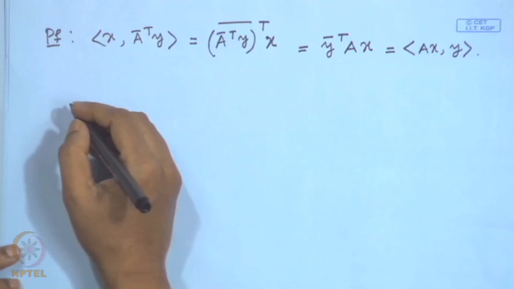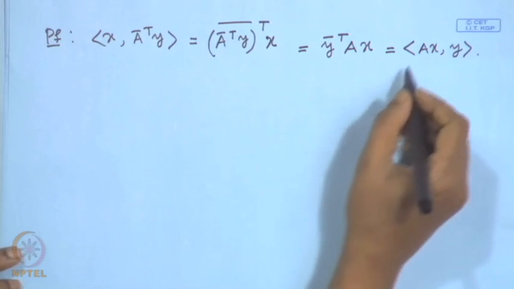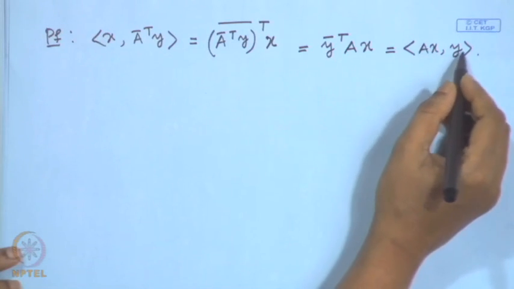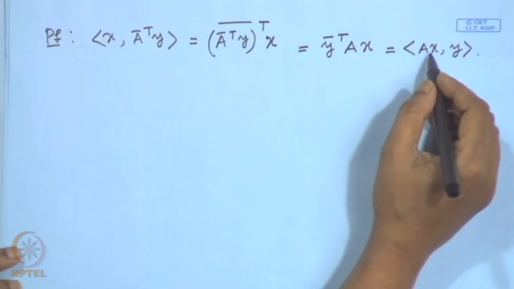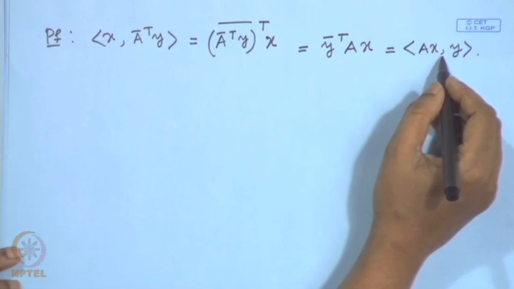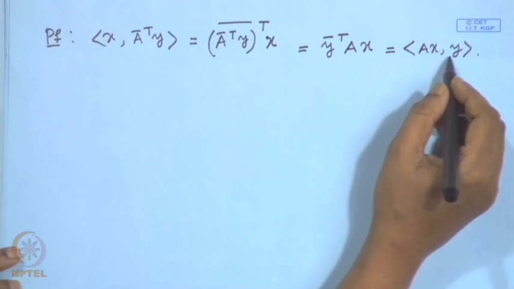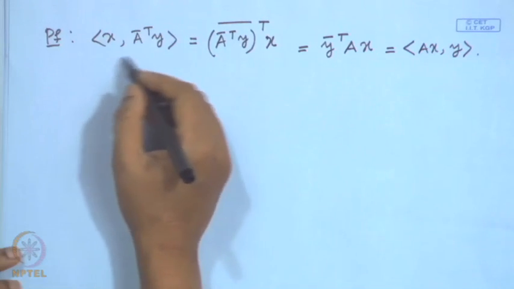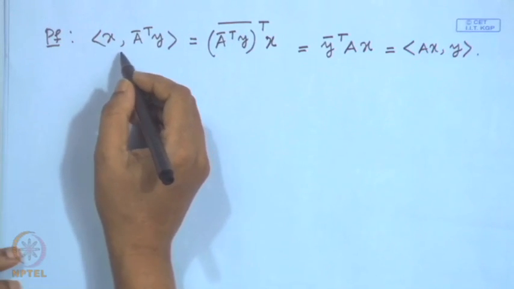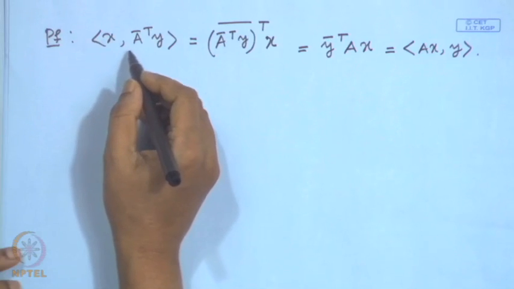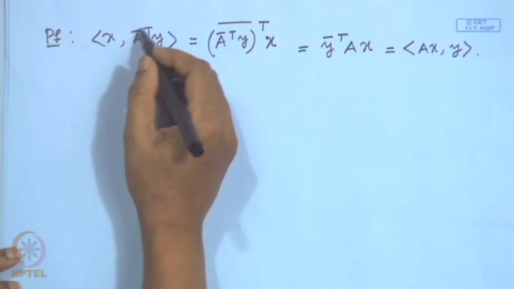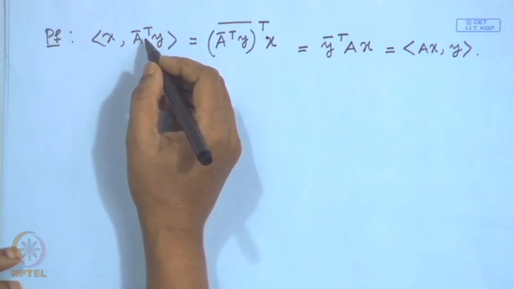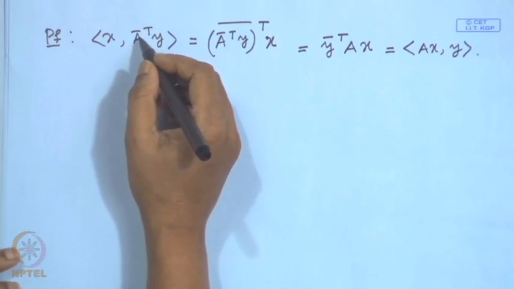So, this is quite useful. That means if we consider the inner product of A x with y, where the matrix A is multiplied with x, this will be equal to the following: if we like to move the matrix A to the second component, then we have to consider its complex conjugate transpose.